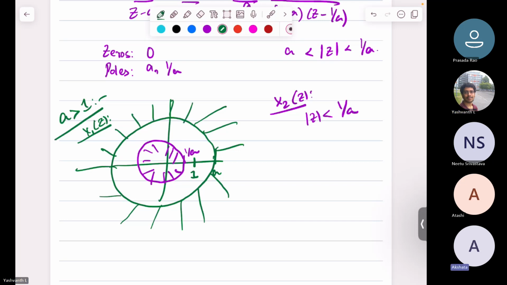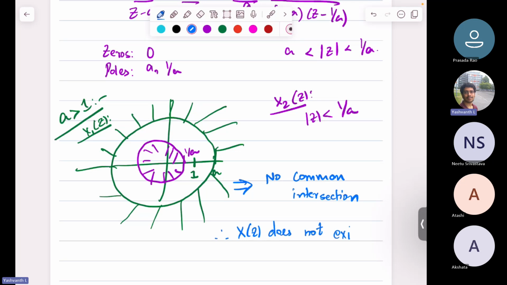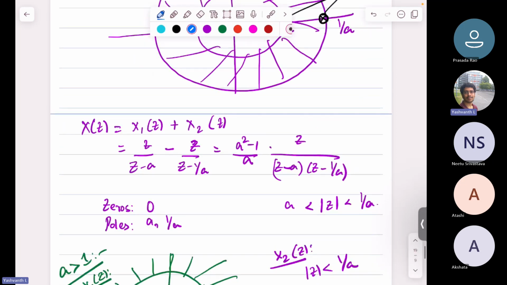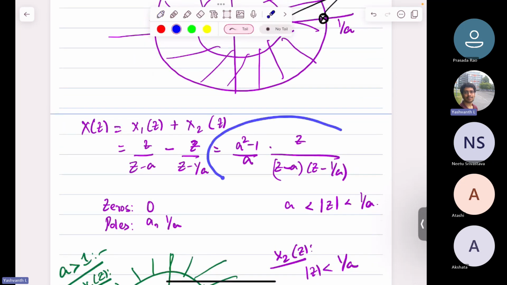No common intersection. Correct. Therefore, x of z does not exist. You should not write x of z is equal to this expression.